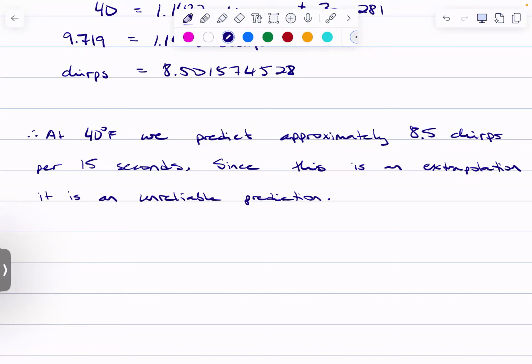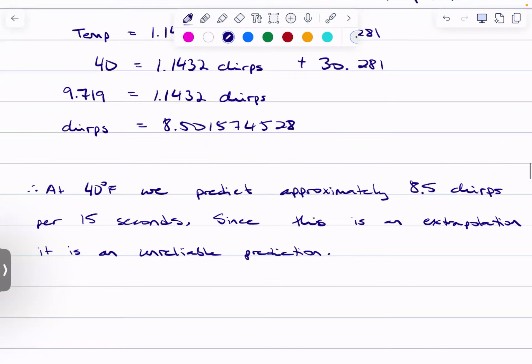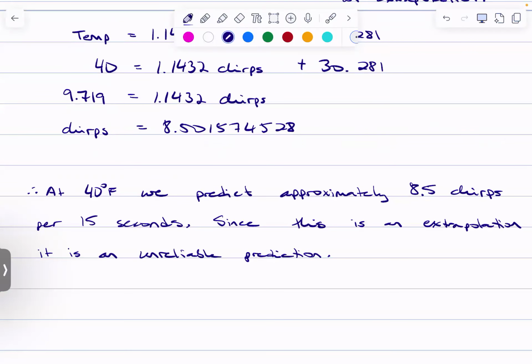Interpolation, you can trust it, it's reliable, seems reasonable. Extrapolation, unreliable, proceed with caution. The problem is usually it's our only prediction that we have available. And I have so many examples of extrapolation being published in even reputable newspapers and things like that. So something to look out for now that you know.